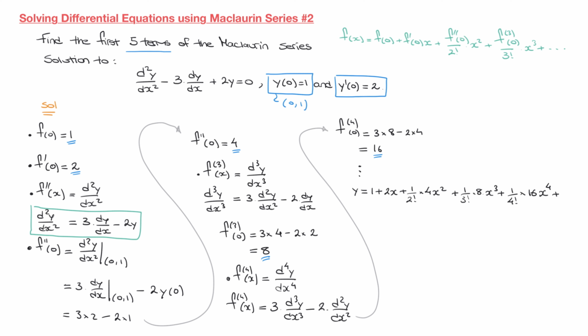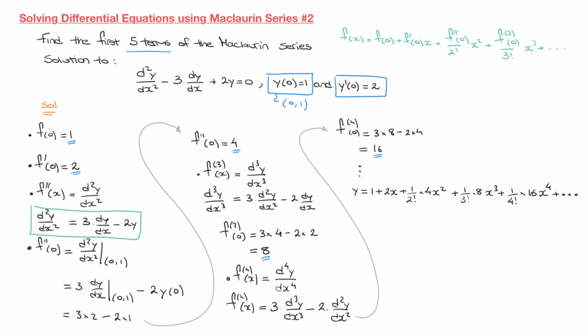And again, we could carry on forever that way. And all that's left for us to do now is simplify each of these factors. So let's see, we have 1 over factorial 2, which is the same thing as 1 over 2. So this is 1 over 2 times 4, which is just 2, so we'll have 2x squared here.